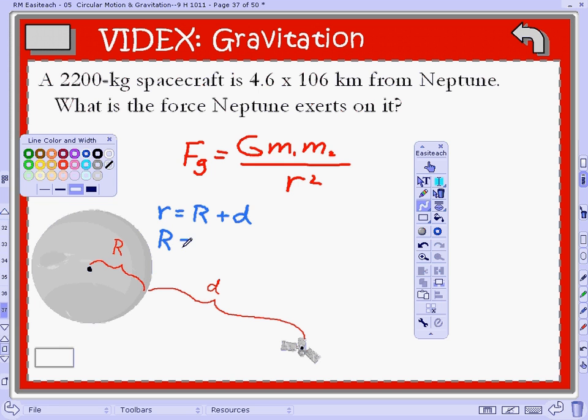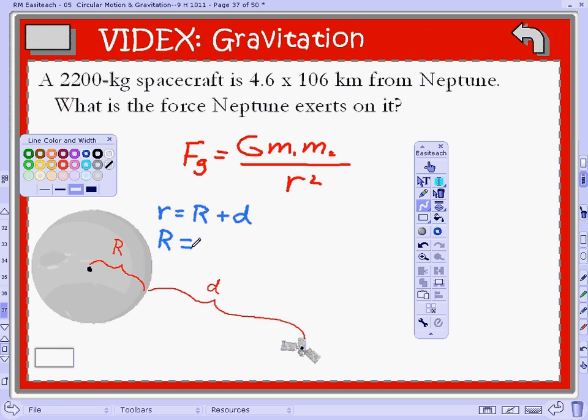The radius of the planet, looking at the table, is half of the diameter, and it needs to be in meters. So first, can somebody tell me what is the diameter of the planet in meters off your table? Well, actually, I have it right here. I'll say it out loud. It's Neptune. I'm looking it up on the table.